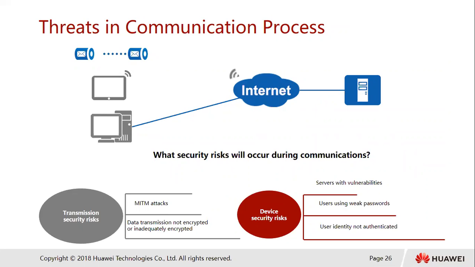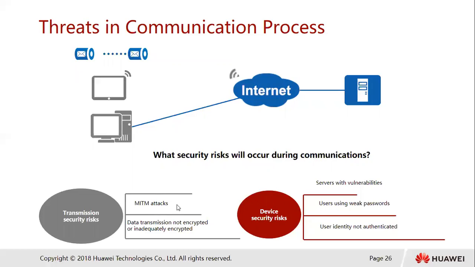It is one with at least 8 characters, with uppercase and lowercase letters, a number, and at least a special character. That is a strong password. User identity not authenticated. These are what we call device security risks: weaker passwords and user identity not authenticated.